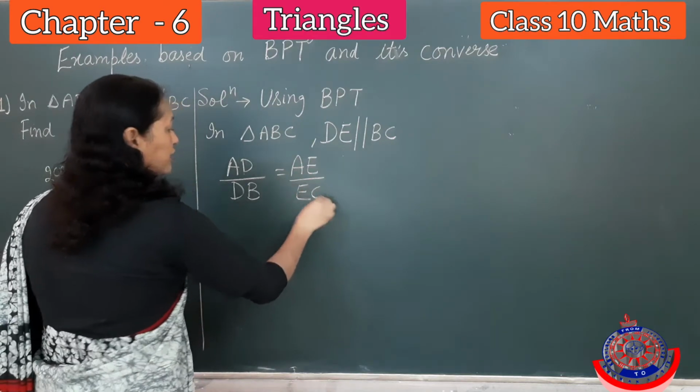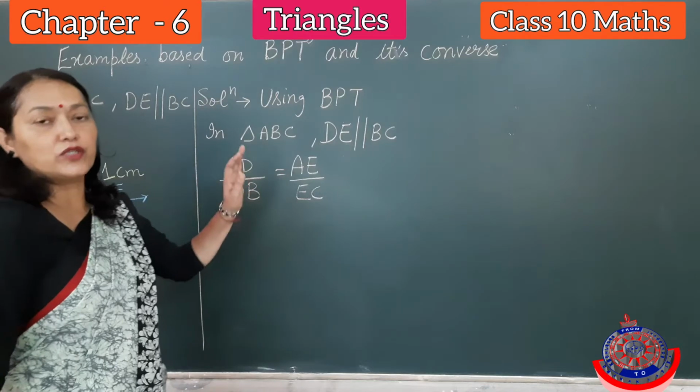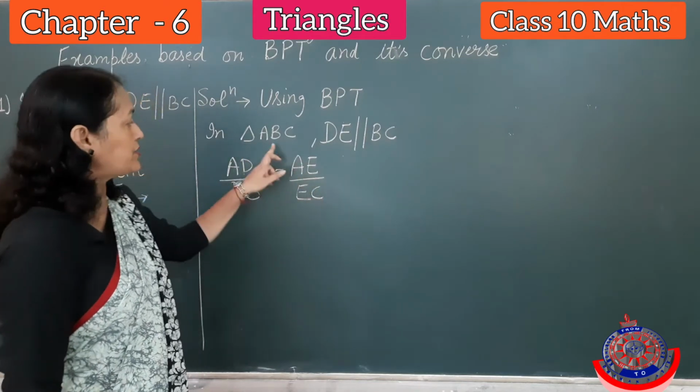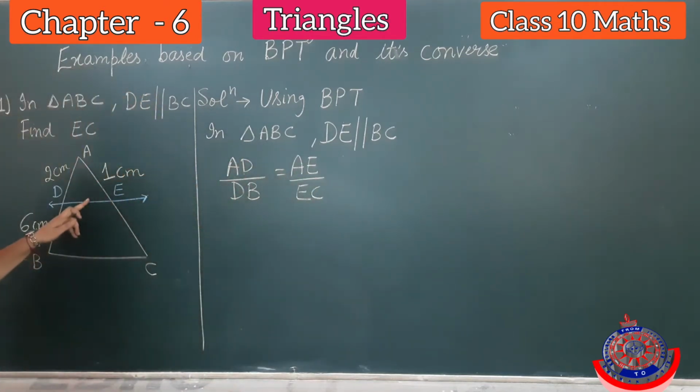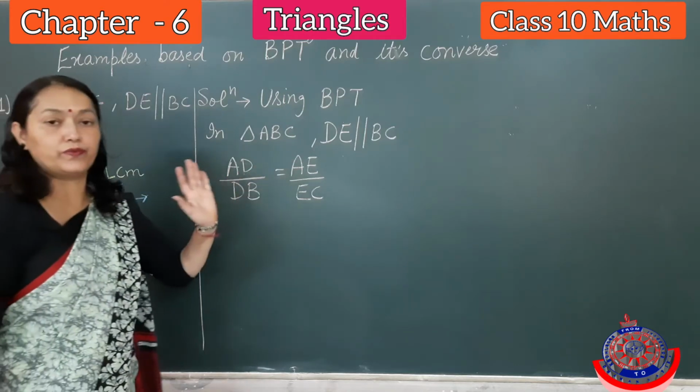This we have learned from the basic proportionality theorem or Thales theorem, that in a triangle, if one line is drawn parallel to one side of the triangle, then the other two sides are divided in the same ratio.